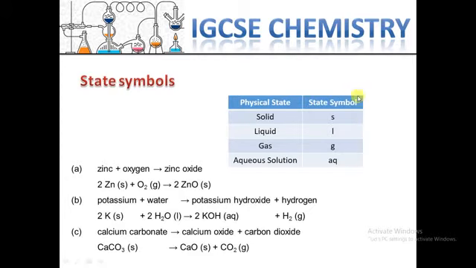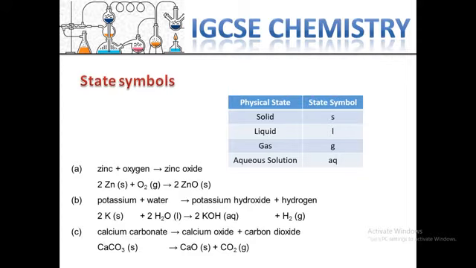If you look at the table, you can find some state symbols: S, L, G, AQ, which belong to solid, liquid, gas, and aqueous solution respectively.